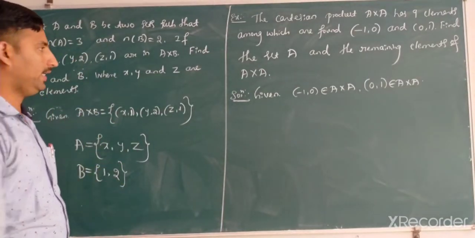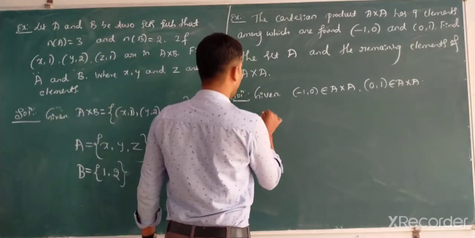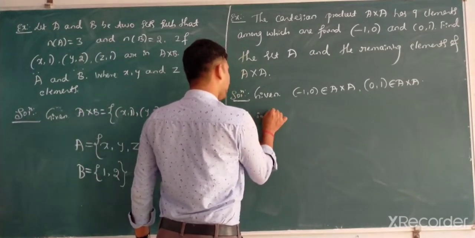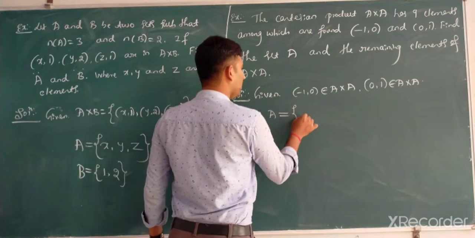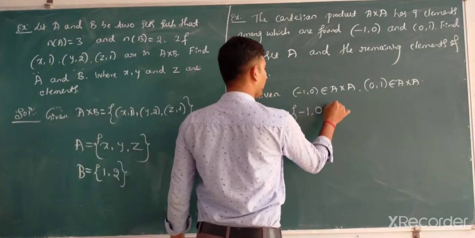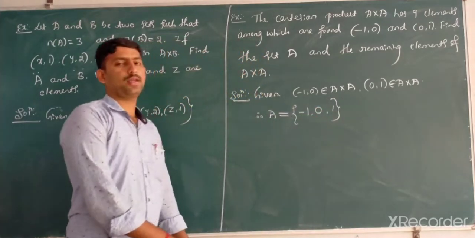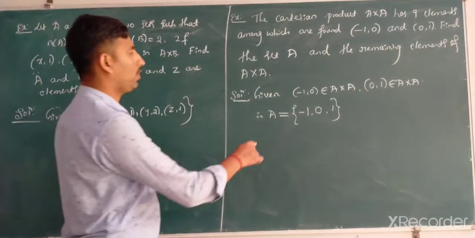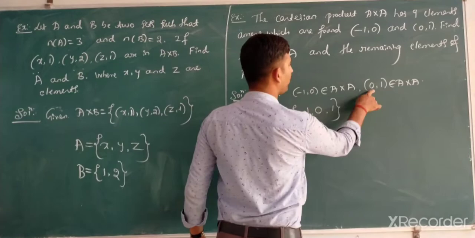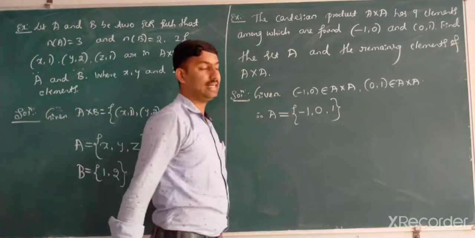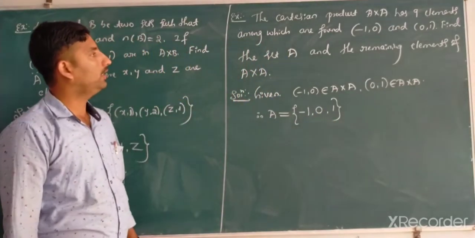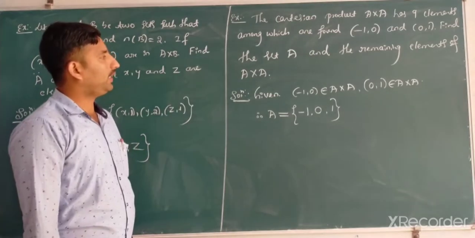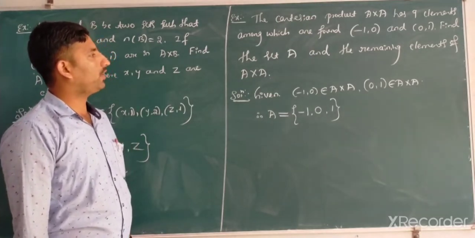Find the set capital A. Therefore, A is equal to {-1, 0, 1}. Why? Because of -1, 0, and 1, the 0 occurs two times, and you write it as a single time. It is -1, 0, 1. Find the set capital A and the remaining elements of A cross A.